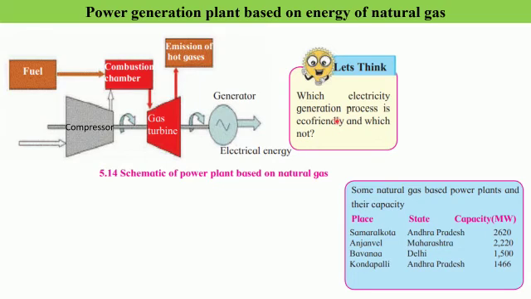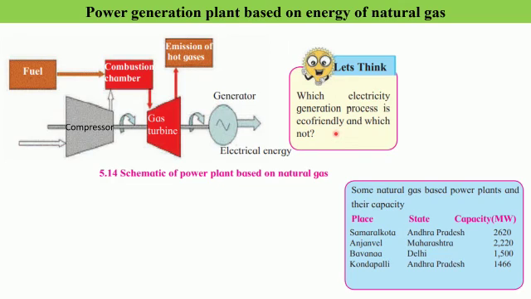The electrical generation process which does not pollute the environment, and does not release dangerous smoke containing carbon dioxide, sulfur and nitrogen oxides, is said to be eco-friendly. Such sources are solar energy, wind energy, and to a certain extent even hydroelectrical energy.